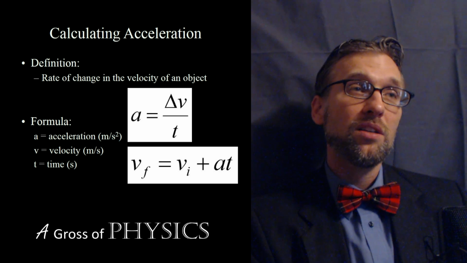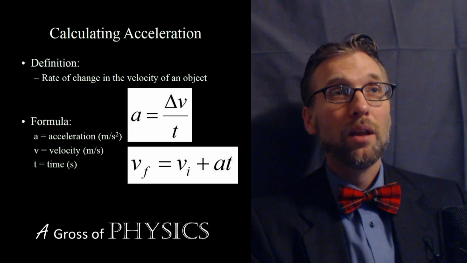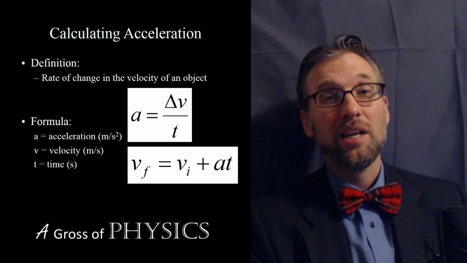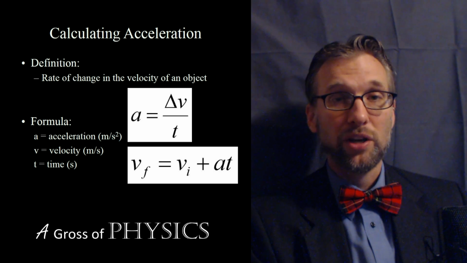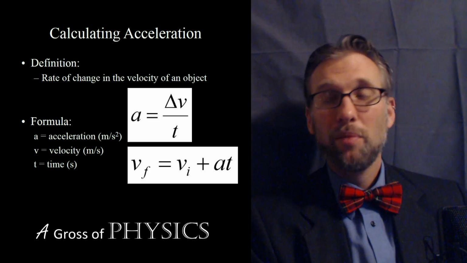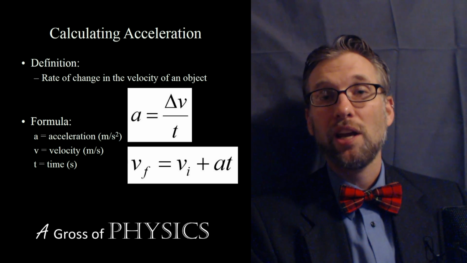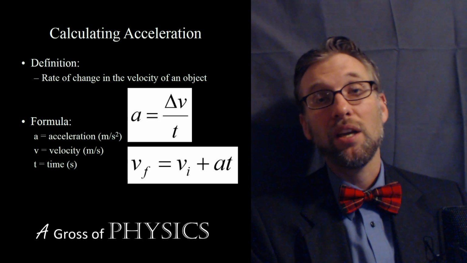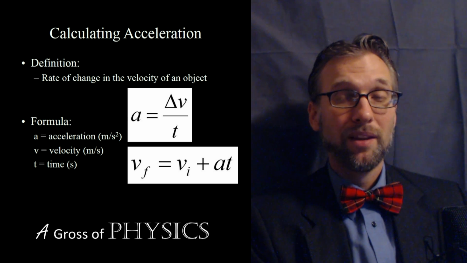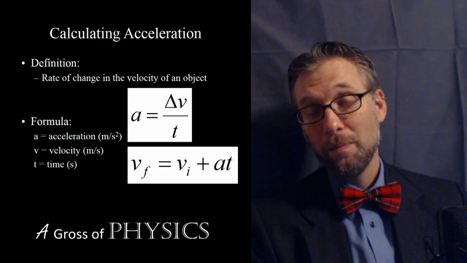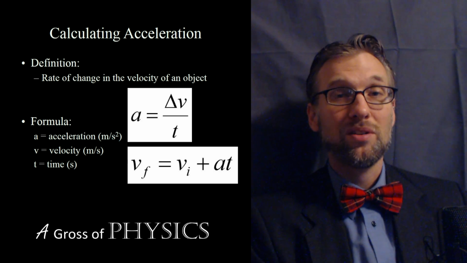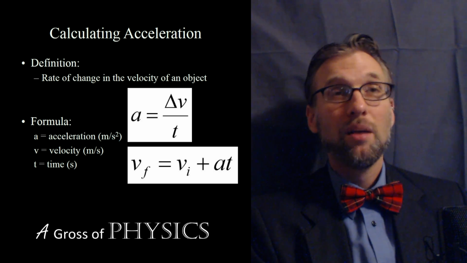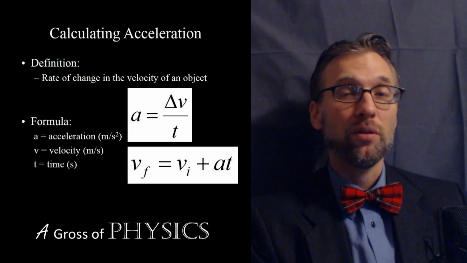So what we're going to use is the equation vf equals vi plus at for most of our acceleration calculations. But if you want to just remember that it's the rate of change of velocity over time, that would make it easier to remember delta v over delta t. Typically the initial time is 0, so we often just use t instead of delta t, but typically it is the change in time for the problem.